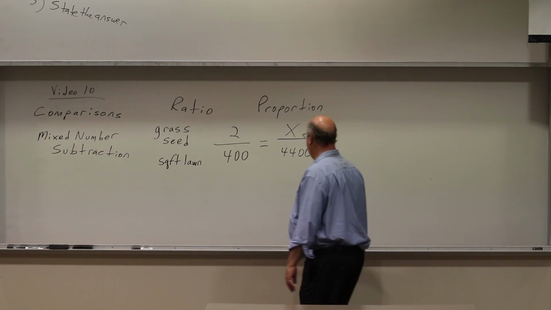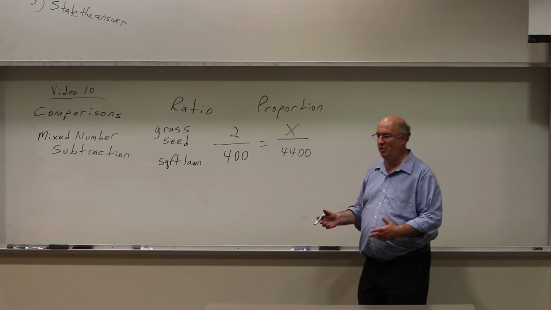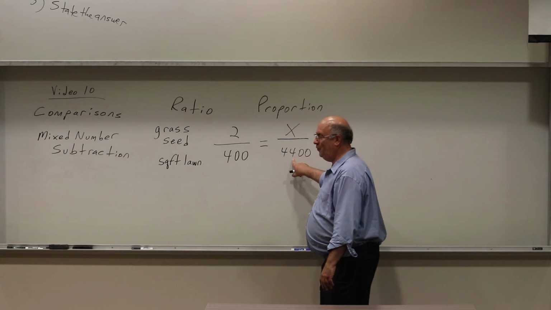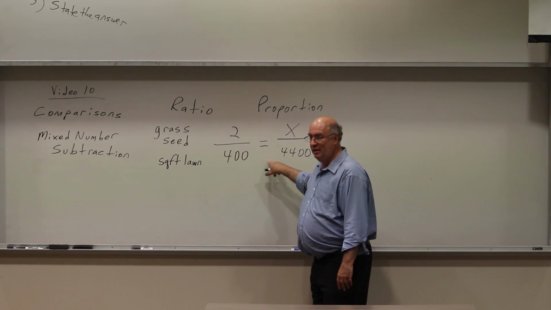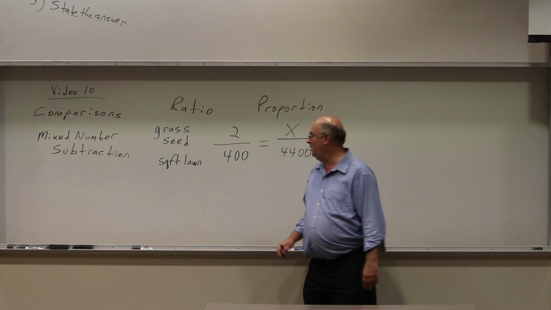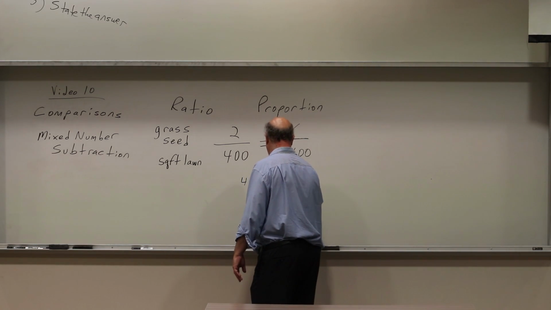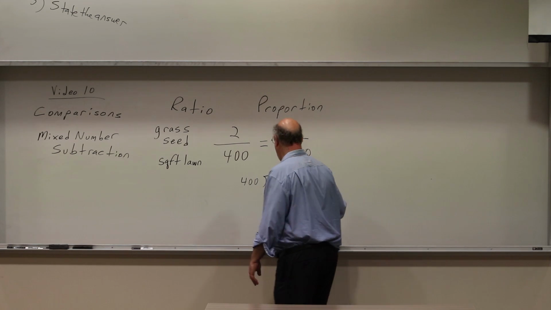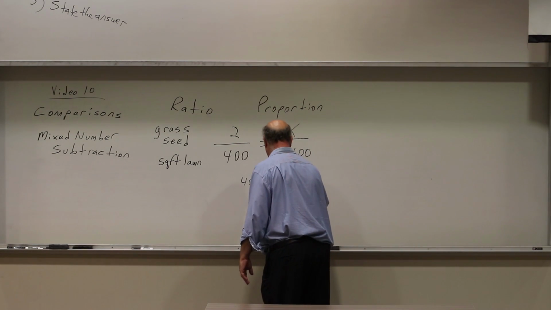Now for this, we can do this a couple ways. It's math. You can do things more than one way. You can say, okay, let's take 4,400 and divide it by 400 and see how many times 400 had to get multiplied. 400 goes into 440 one time.